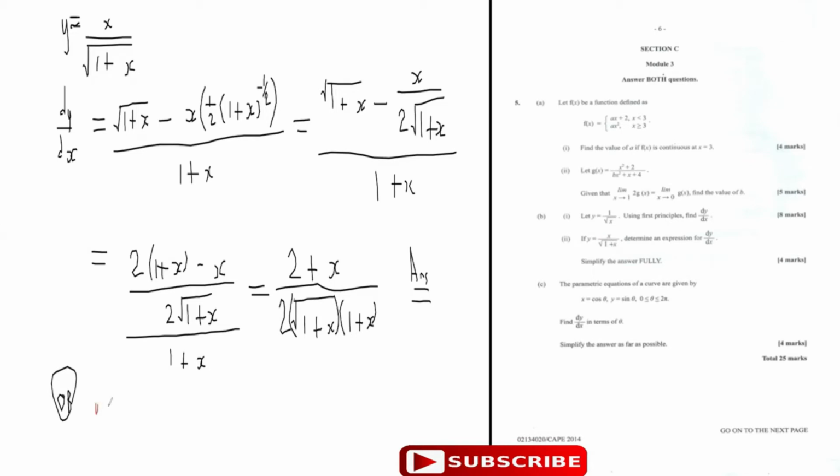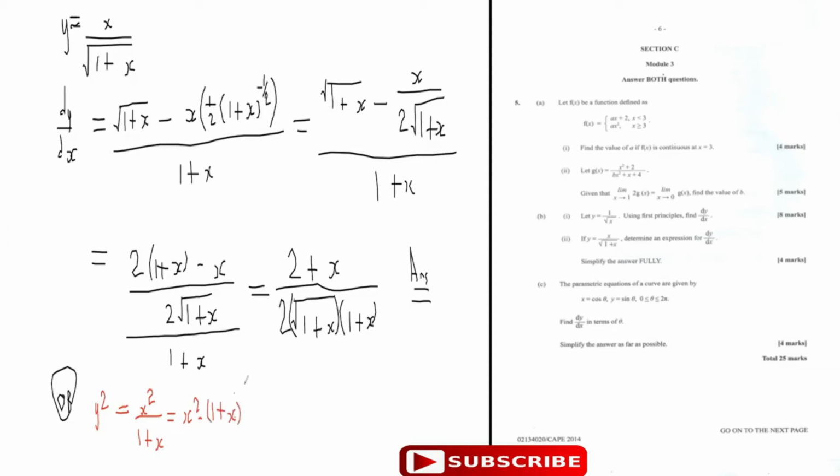You'd have gotten y squared is equal to x squared over, when you square this, the square would cancel, so you just get 1 plus x. And then I'm going to rewrite this as x squared times 1 plus x to the negative 1. I'm going to use implicit.